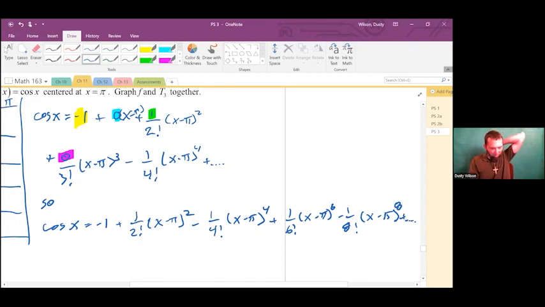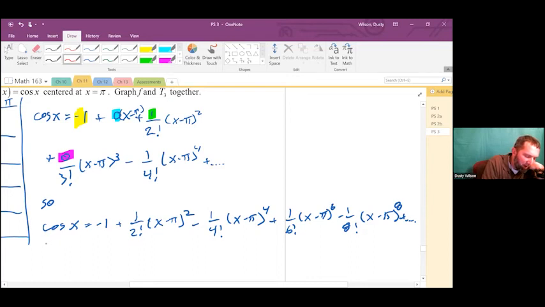All right. And so if we want to find T3 in this case, there's a little bit of ambiguity of what we're saying when we talk about T3. So we know what our f is.